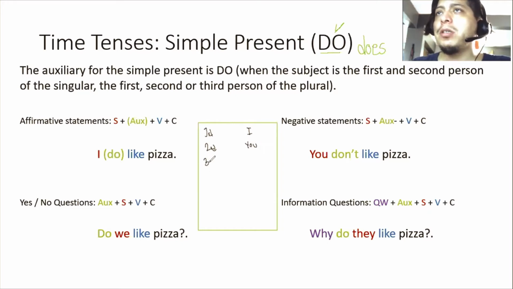The third person of the singular is different. For the plurals, we have the first person, the second person, and the third person. The first person is we, the second person is you, and the third person is they.